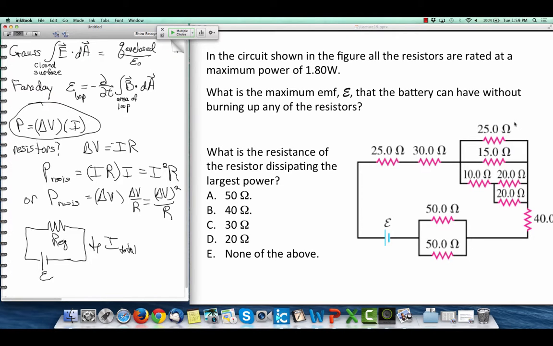In fact, the current through this battery times the battery voltage tells you the power that's being input by that battery. So this equation works for any individual circuit element, or an equivalent circuit element. And these resistor ones work for any resistors or any equivalent resistors that you want.